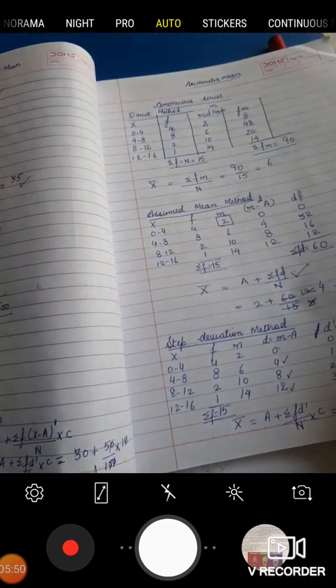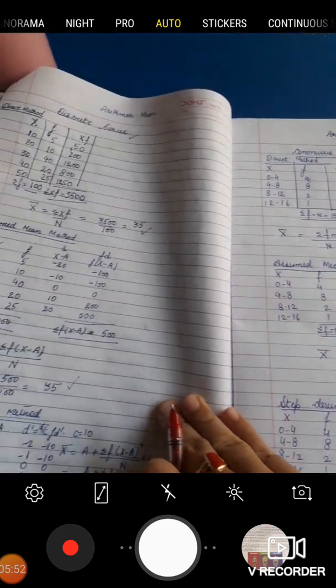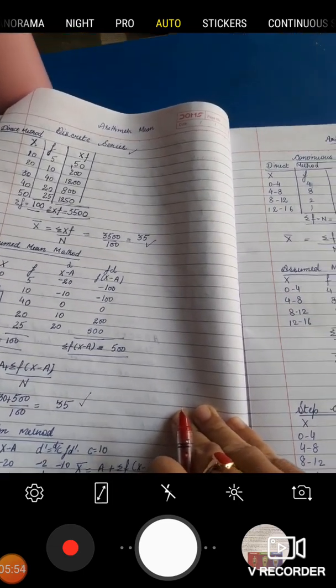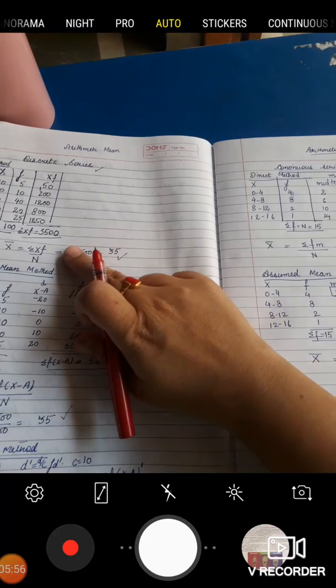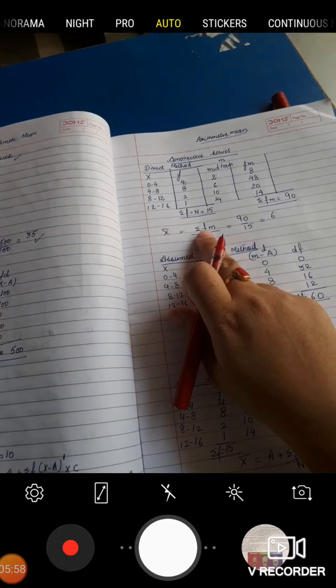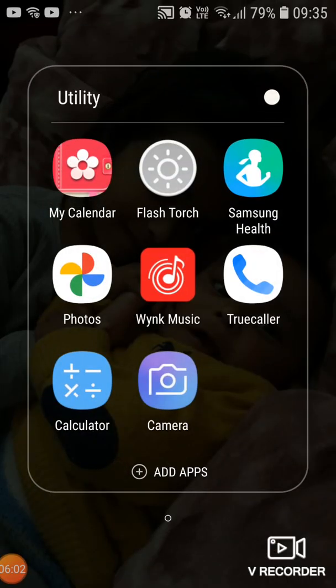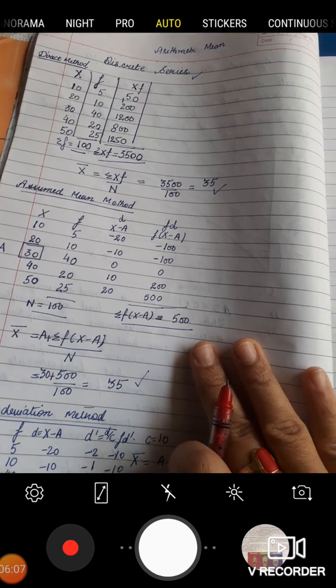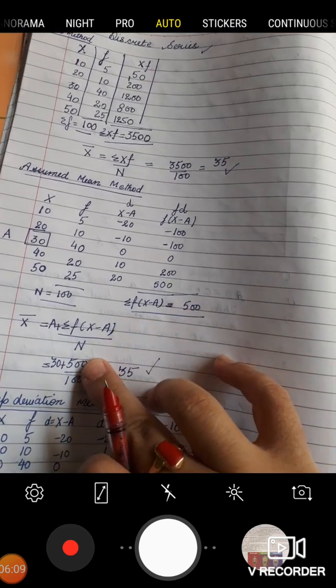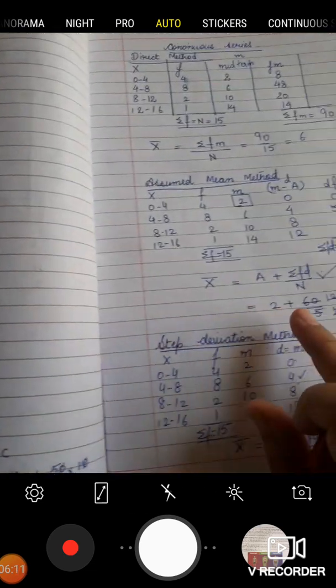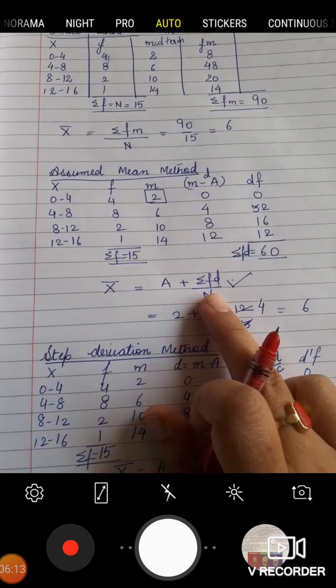If you compare the formulas, they are the same. There is just a difference of m. Here it is summation xf, here it is summation fm. Here it is summation fd, here it is summation fd, deviation.